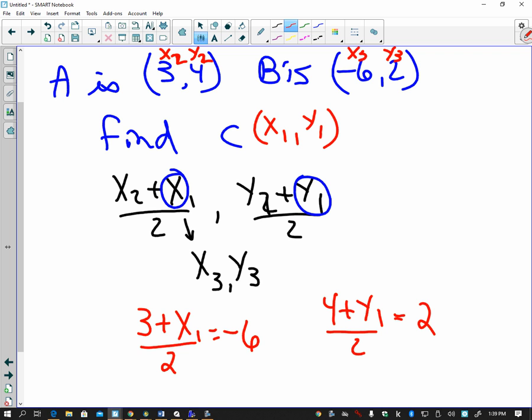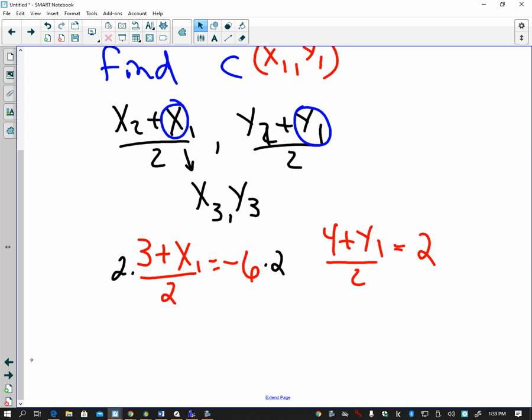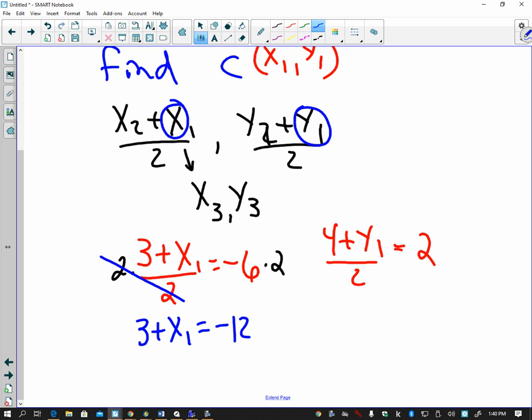All right. So the first thing that you want to do is you need to get rid of the denominator. How do I get rid of this denominator of 2? Multiply by 2 in both places. Okay? Let's bring it down. So that cancels out the 2 there. So I get 3 plus x1 equals -12.